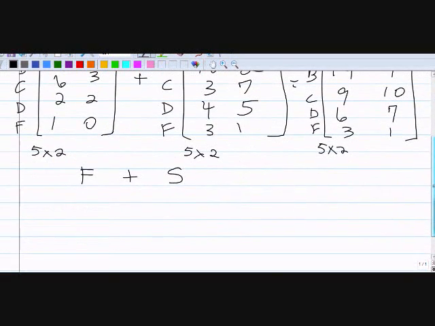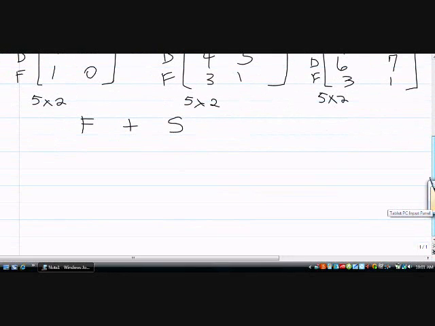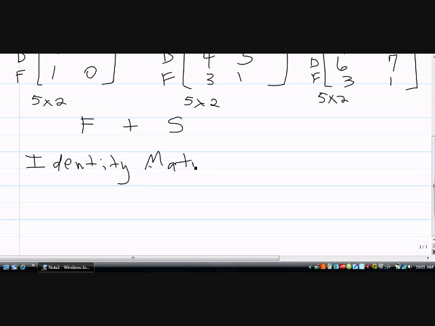Let me try to go a little further down here. A couple of definitions here. An identity matrix is going to be, we'll call this one I, and let's see if you can figure it out. Let's say I have a matrix 1, 2, 3, 4, 5, 6.